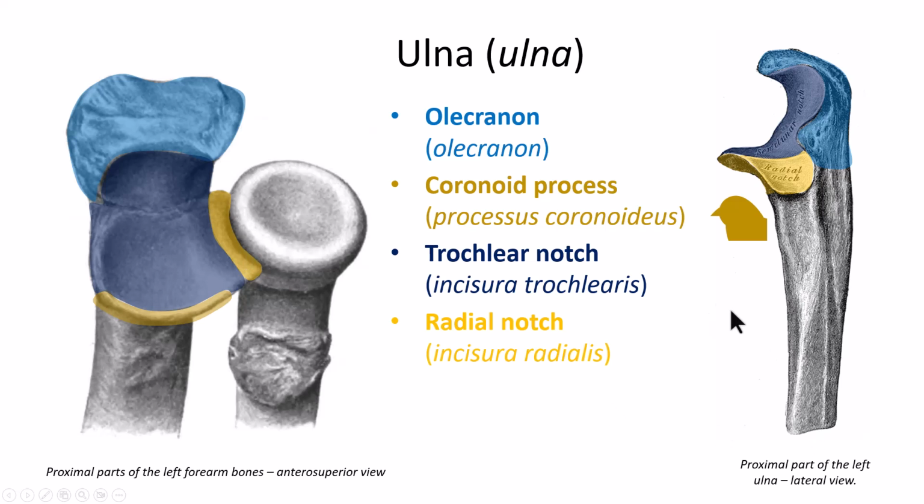Among the additional structures located closer to the shaft of the ulnar bone, we must mention the ulnar tuberosity, tuberositas ulnae, marked in red. As the term tuberosity suggests, it serves as a muscle attachment point. In this case, it is dedicated to the brachialis muscle.